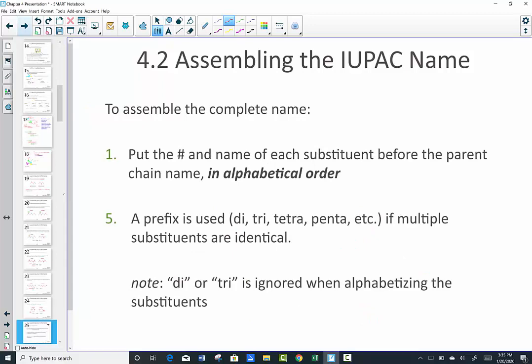So, repeating myself, to assemble the name, put the number and name of each substituent before the parent in alphabetical order. So remember, a hyphen separates numbers and letters. A comma separates numbers.